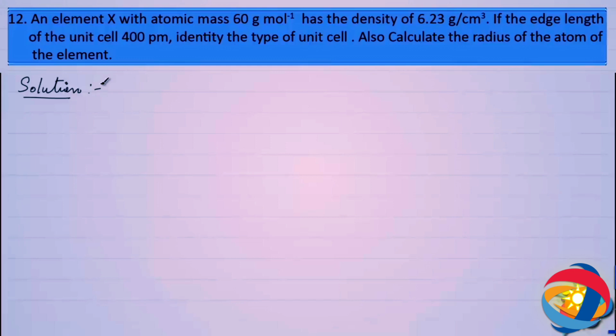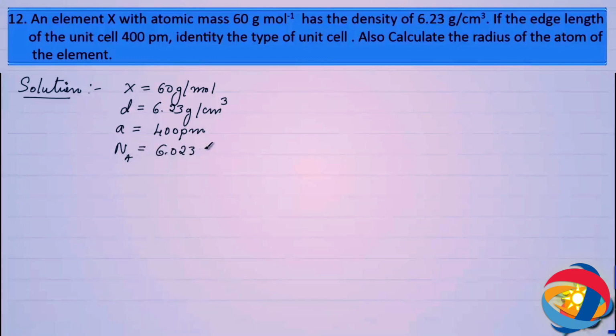We have atomic mass of element X as 60 gram per mole and the density of the element as D is equal to 6.23 gram per centimeter cube, and edge length of the unit cell is A is equal to 400 picometer and the Avogadro's number Na as 6.023 into 10 to the power 23 per mole.